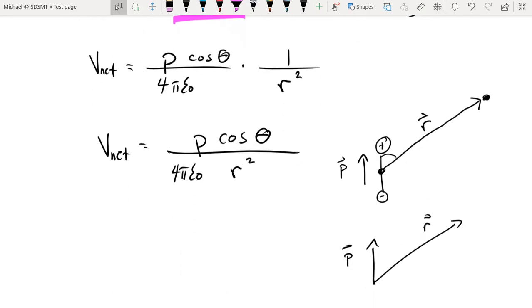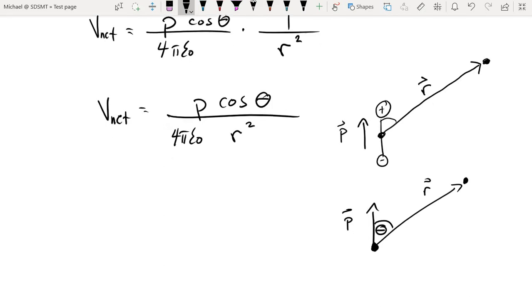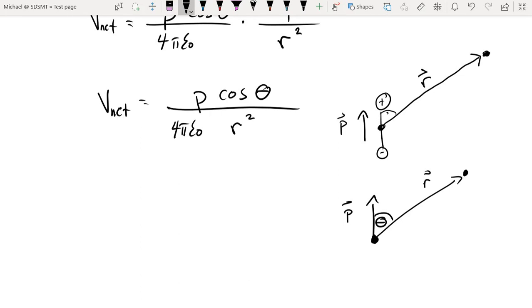And you might ask, well, how valid is that assumption when you say that the point in space has to be far away? Well, far away compared to the separation distance between your charges. And remember, this separation distance is really small.